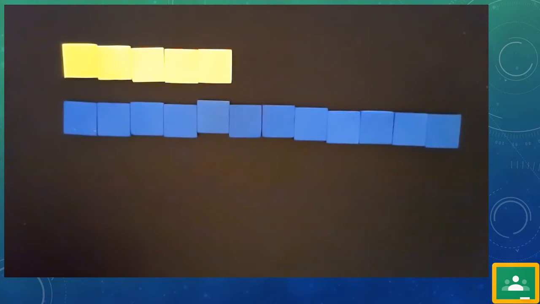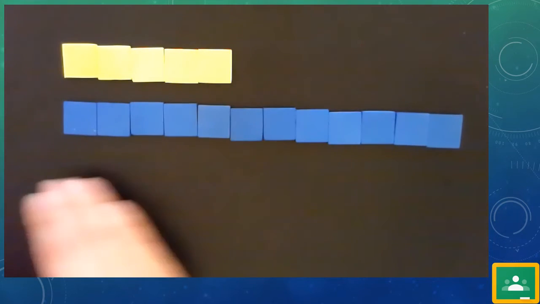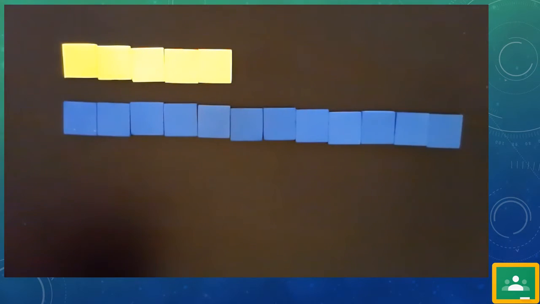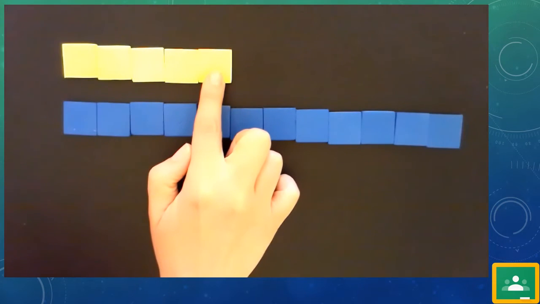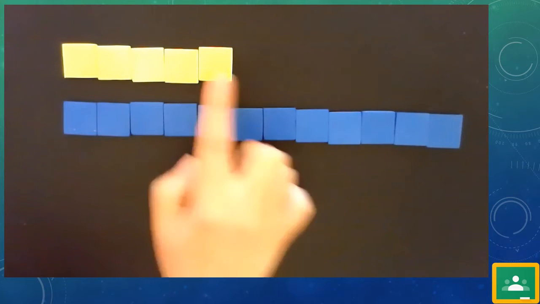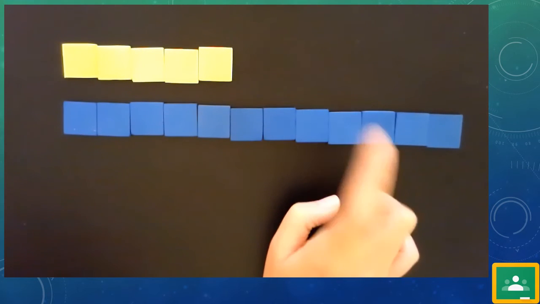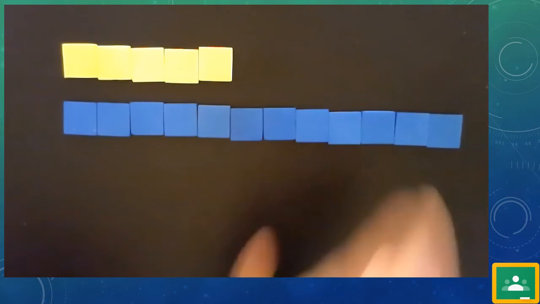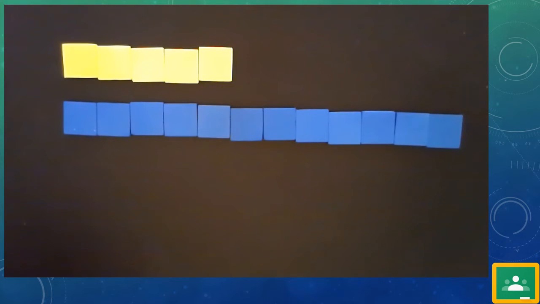And when we are answering that how many more question, we are looking for the difference between one number or one group and another number, or the other group. Because we're talking about measurement, our comparisons are going to be two different measurements. So let's take a look at our first problem.